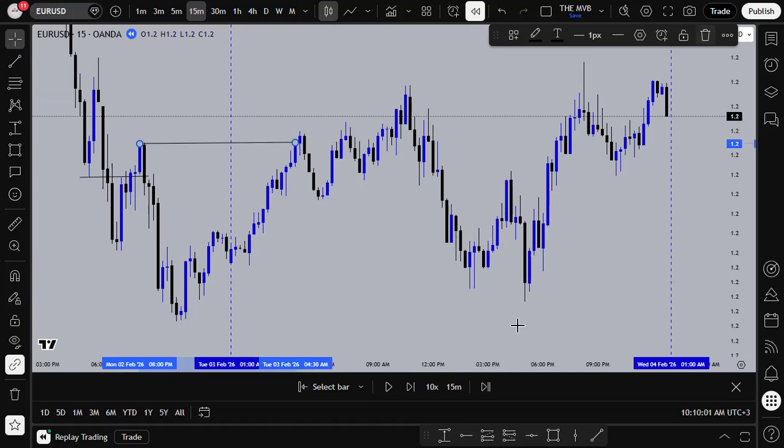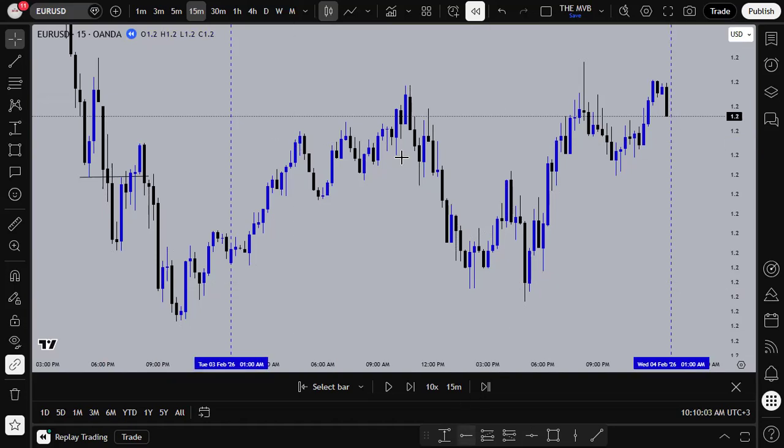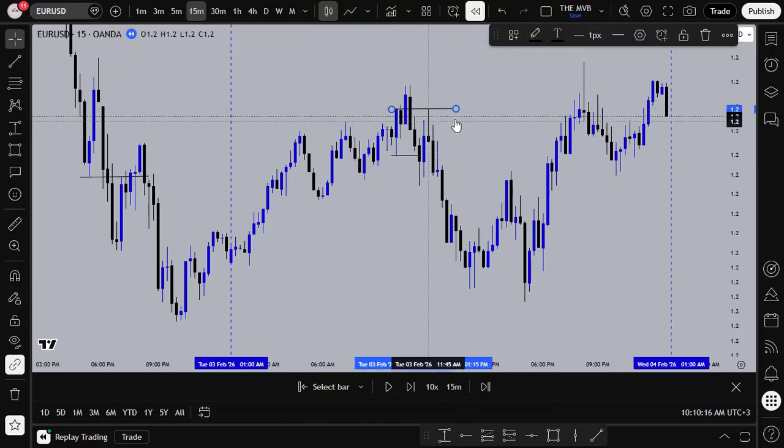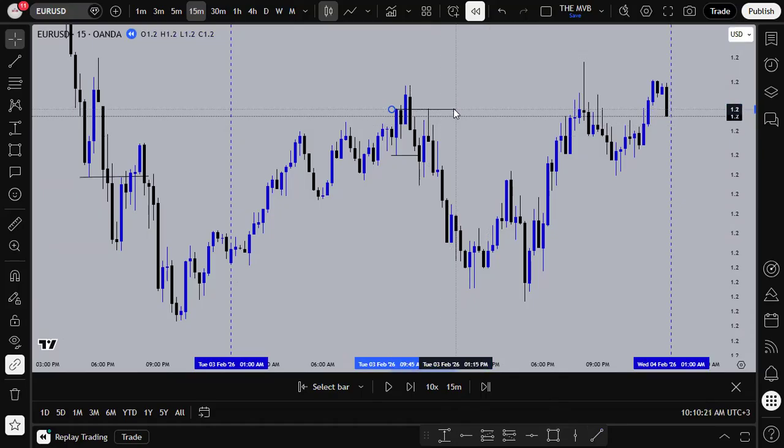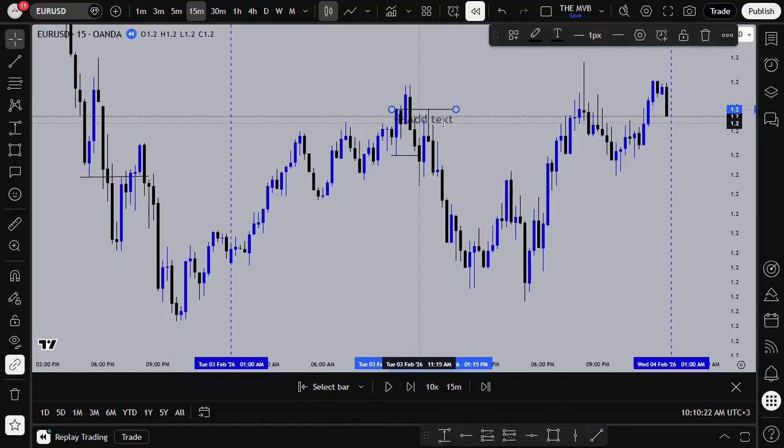You can see we had a break of structure here, and we can anticipate selling from this area of liquidity. You can use any type of entry, maybe an order block or whatever. In this case, I use maybe liquidity engineering.